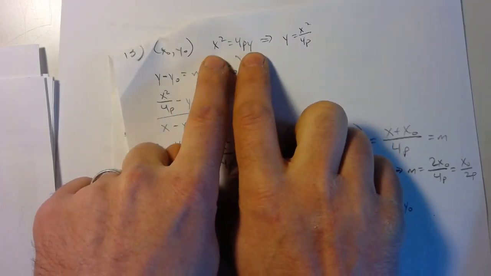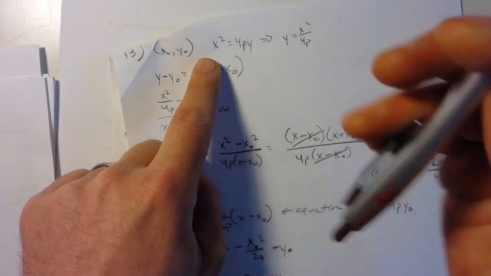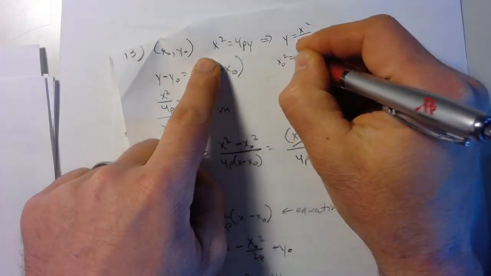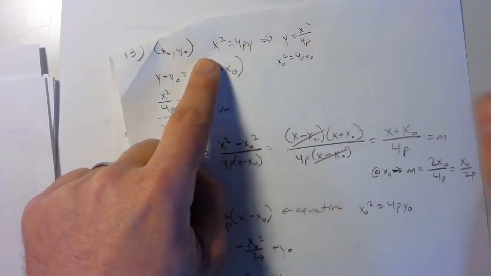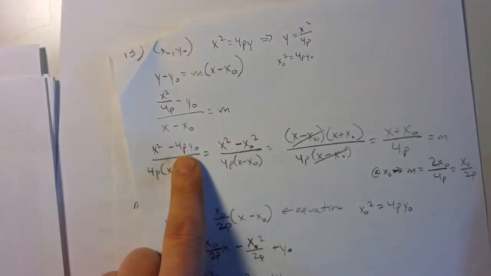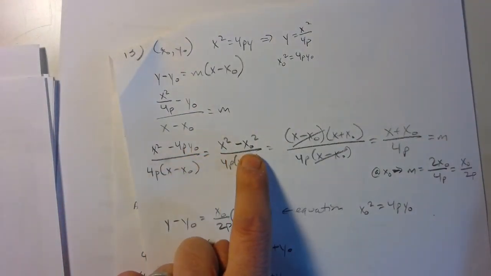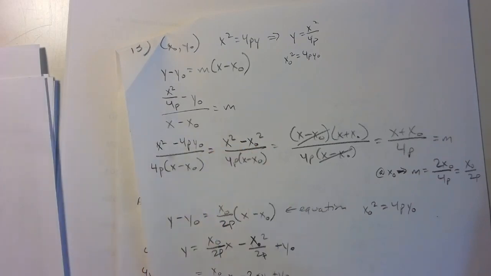If I plug in y sub 0 and x sub 0, I get that x sub 0 squared equals 4py sub 0. So I can replace that with x sub 0 squared, and that's where that comes from right there.